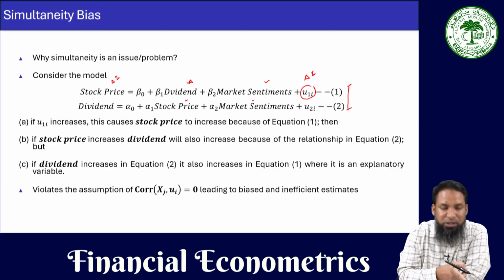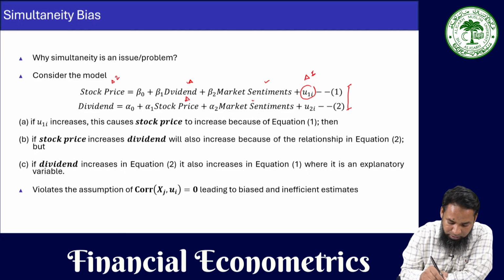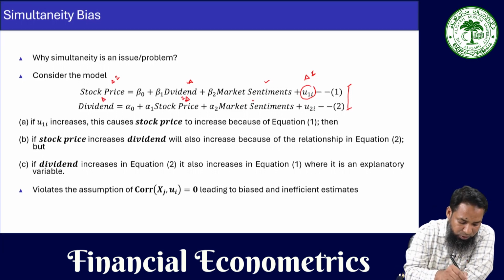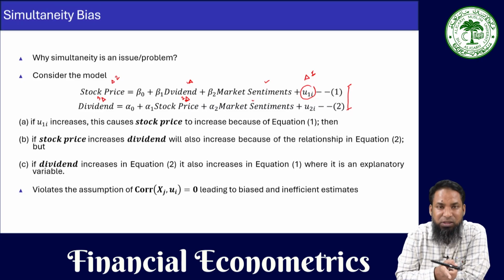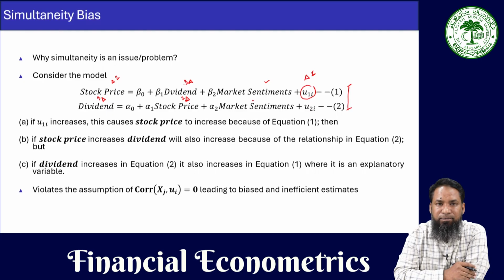Now, if there is a change in the stock prices, due to the relation represented in equation 2 we will have a change in the dividend, in the third step. However, this dividend is again part of the first equation, so that change will be reflected there.